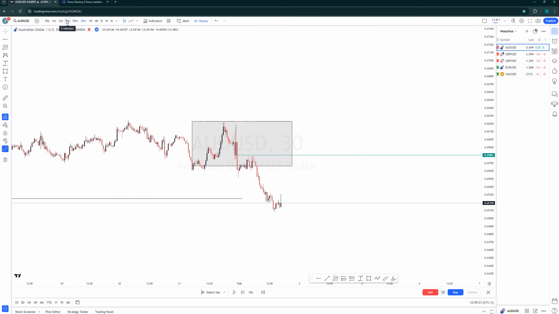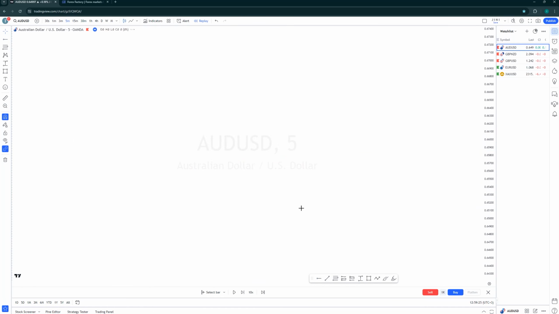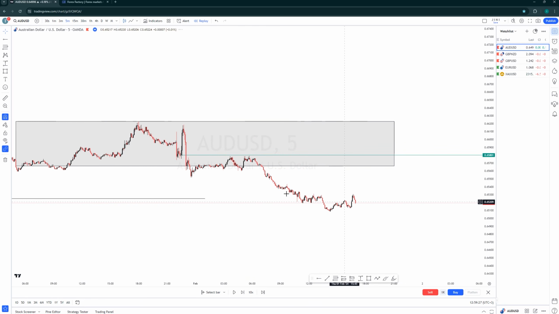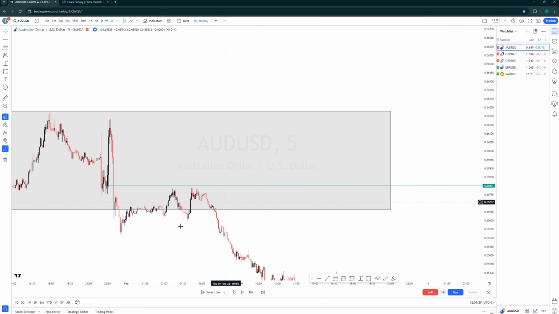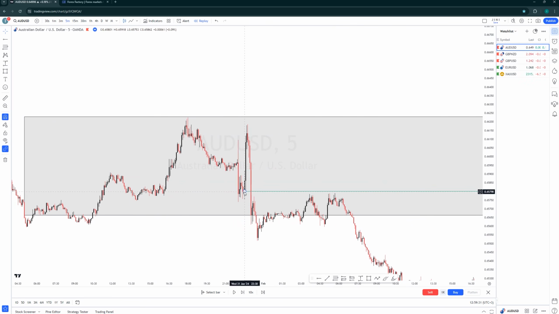So we can go back again to maybe the 5 minutes, and when you go to the 5 minutes, you can see you don't have anything, but you have this flip liquidity engineering, which is a compressive liquidity flip.